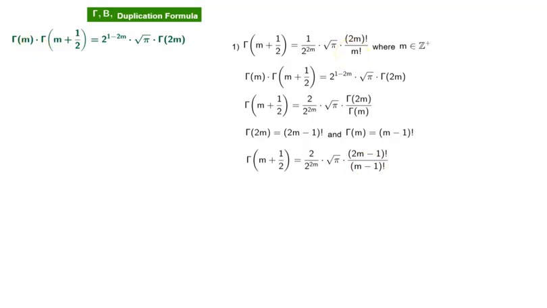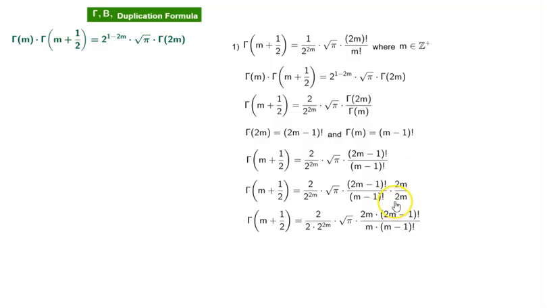So let's multiply both the numerator and the denominator by 2m. Let's rearrange. This 2m we bring in front of 2m minus 1 factorial, and the 2 we take to this fraction so that m remains here, m times m minus 1 factorial.